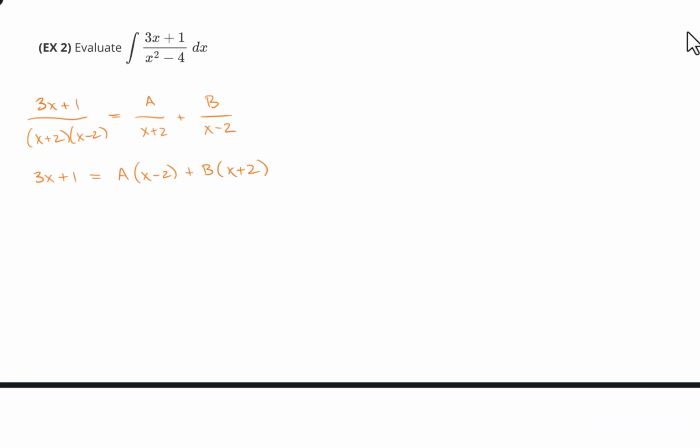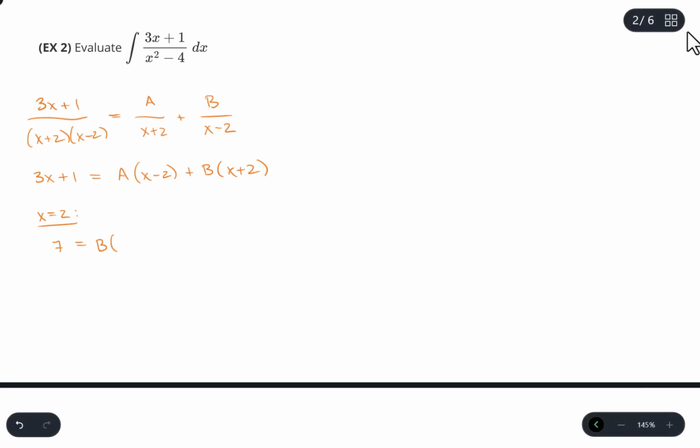Now, choosing strategic values of x in order to solve this, if I let x be 2, that would be 3 times 2 is 6 plus 1, so that's 7. And when x is 2, this term with a cancels out because 2 minus 2 is 0. Then I have b times 2 plus 2, which is 4.